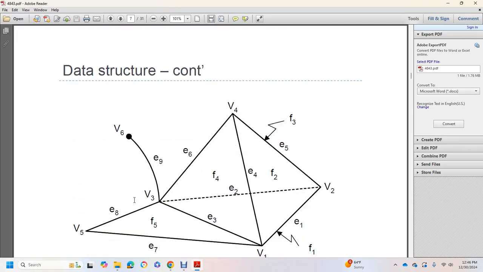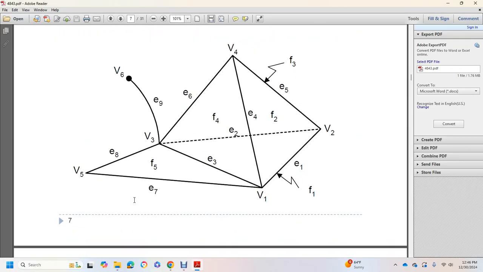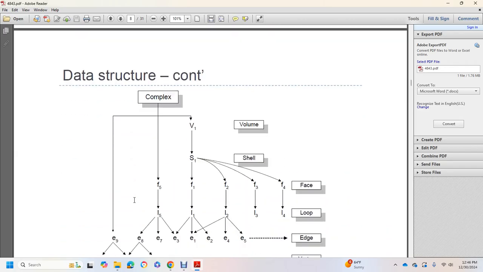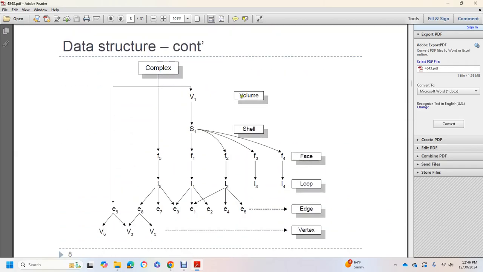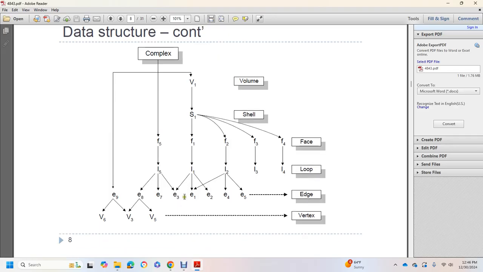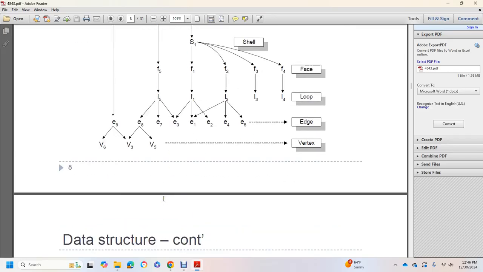We show the complex, volume V1, shell 1, and faces, loops, edges, and vertices. So that's how you break down the data structure.